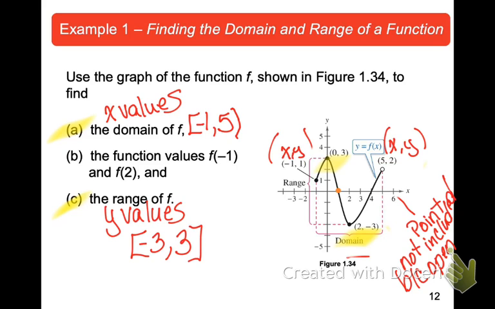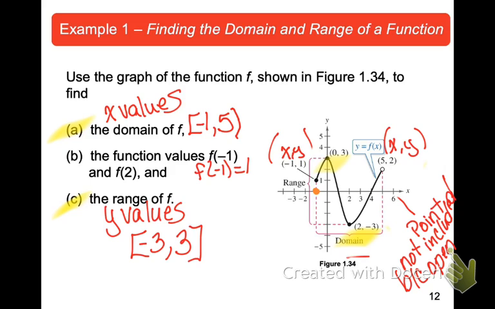Nope, that's positive 1. Okay. Here's negative 1 on my x-axis. What's the value of y when x is at negative 1? 1. Okay, so f of negative 1 for part B equals 1 because that's my y value.